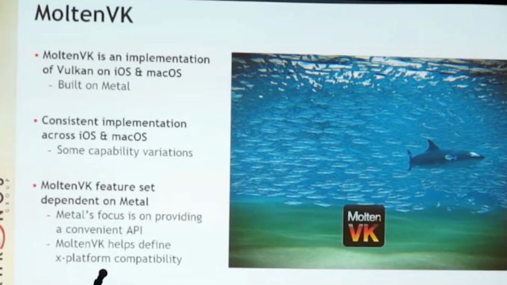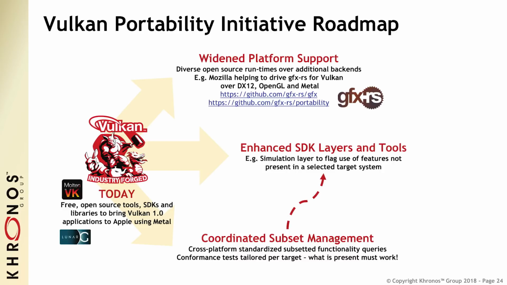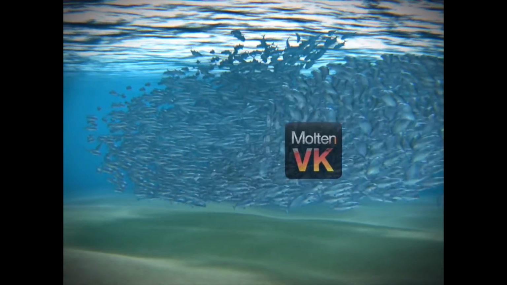In response to that, we created an ongoing project called the Vulkan Portability Initiative, which is simply the Vulkan working group at Khronos working to create a set of open-sourced tools to let you easily port a Vulkan application using standard Vulkan over to platforms that don't support native Vulkan drivers.